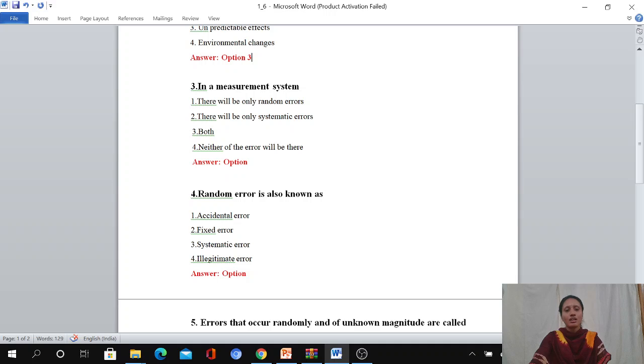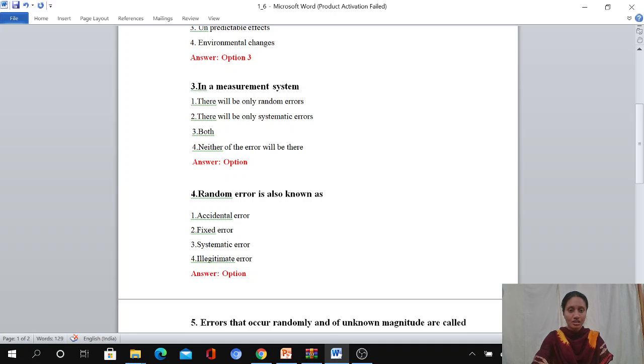Next, in a measurement system, there will be only random errors, only systematic errors, both, or neither of the error will be there, or we cannot decide whether the error is there or not. There will always be some type of error.